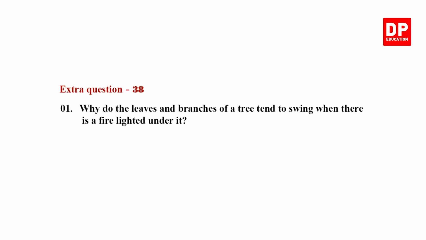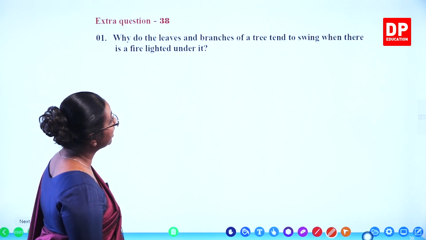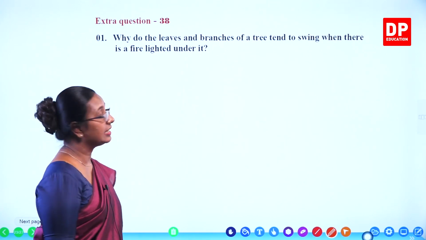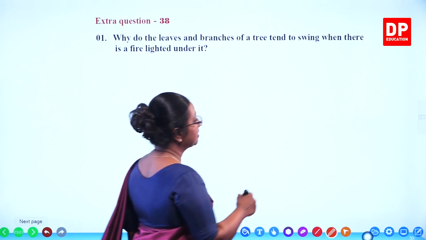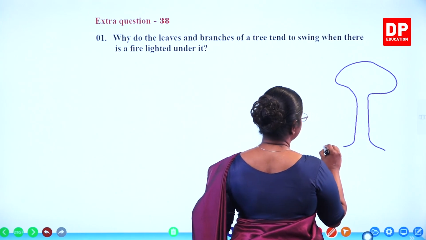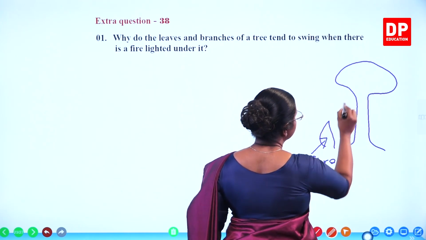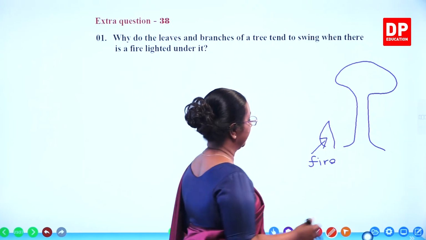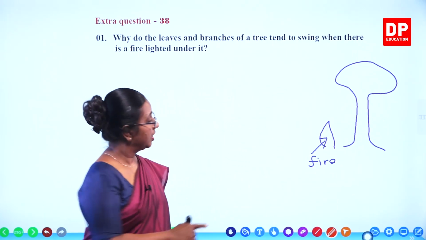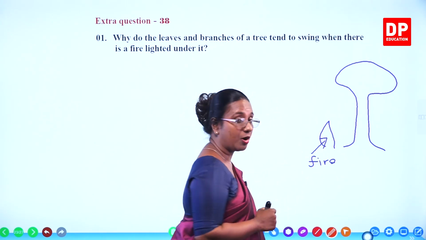Extra question 38. Why do the leaves and branches of a tree tend to swing when there is a fire lighted under it? You can remember this observation, students. If you have a tree like that and if there is fire burning there, you can see the leaves here moving. So why is that? Due to fire, the air particles around it become hot.